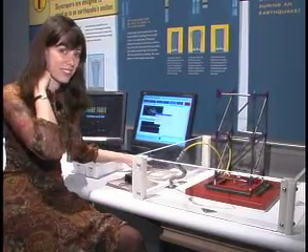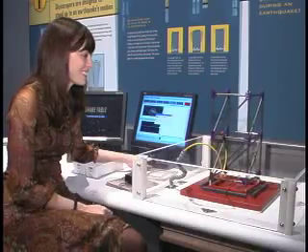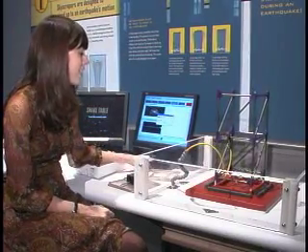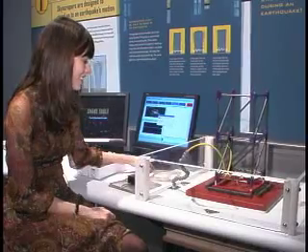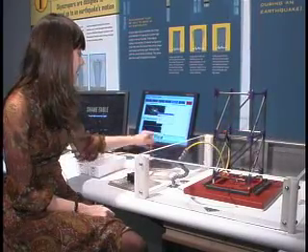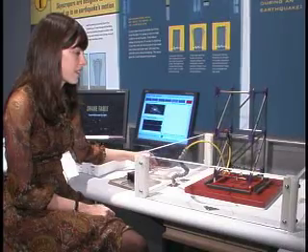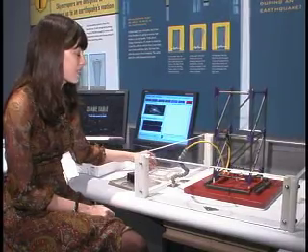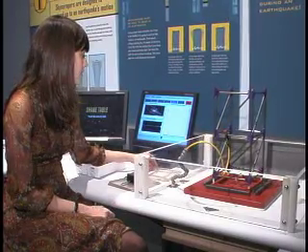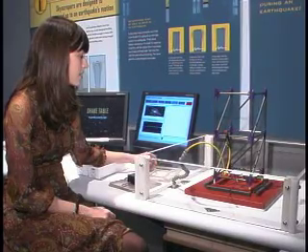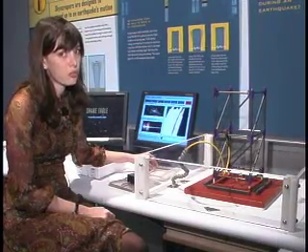It survives. So I made a very successful structure.